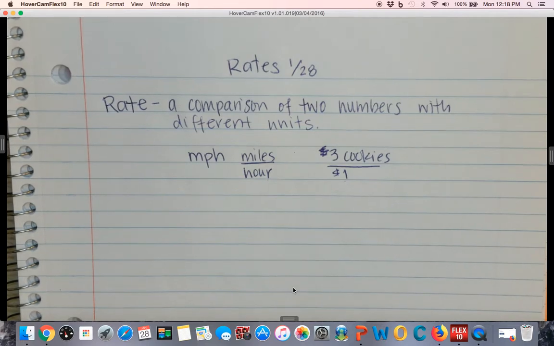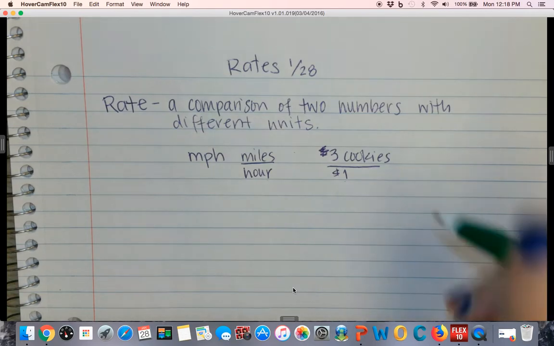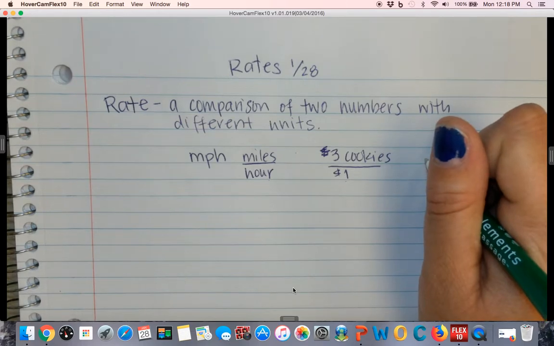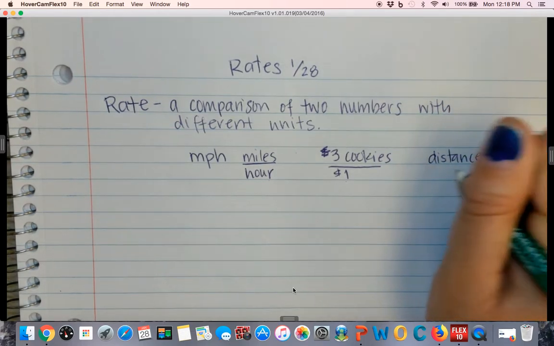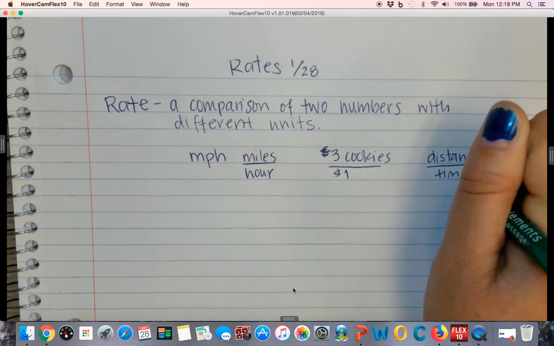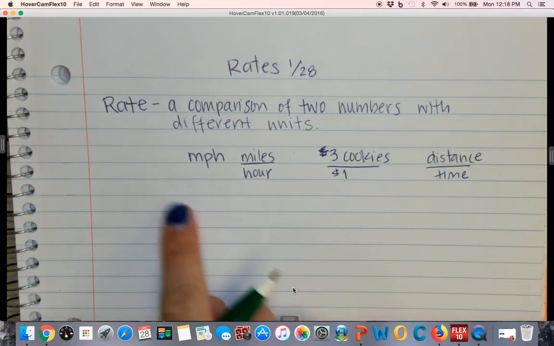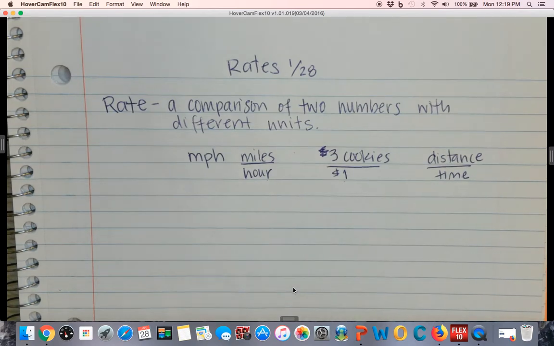What are some other ones? Speed is considered distance over time, which is the same as miles per hour. Distance over time, they call it something different.